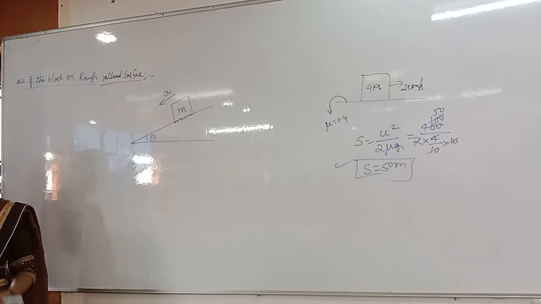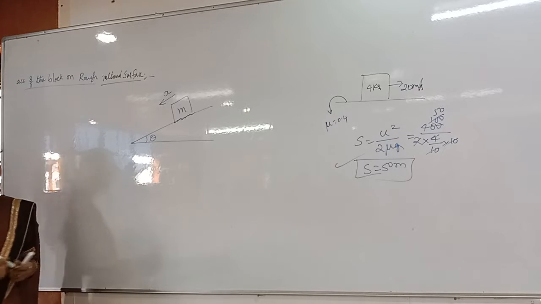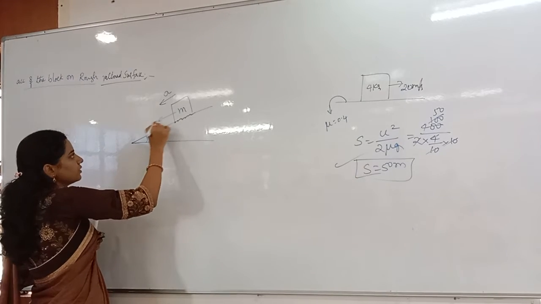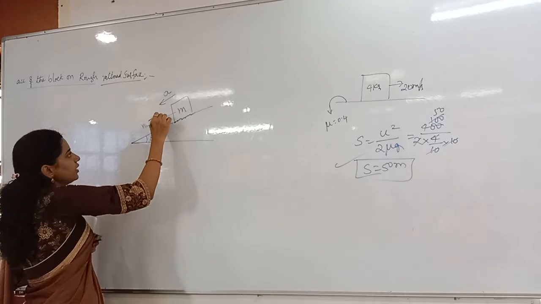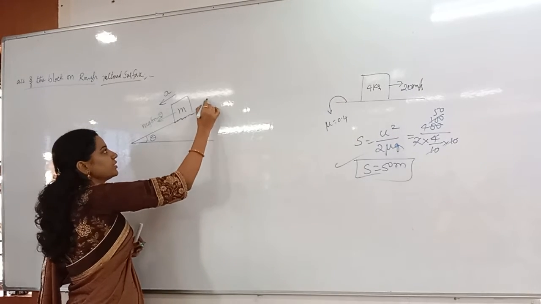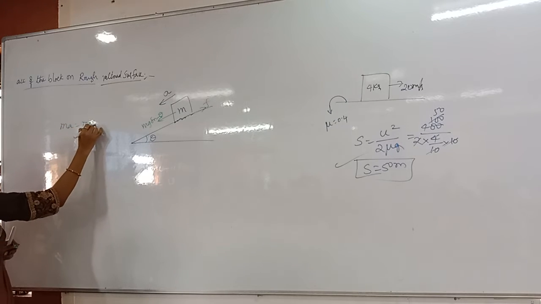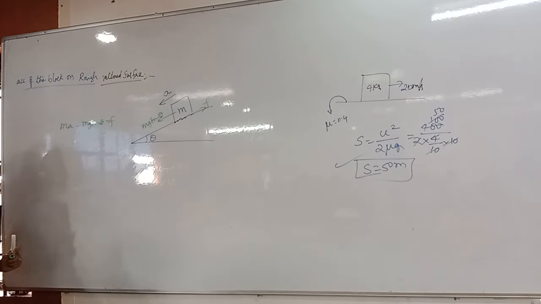How to get that? What forces are acting on it? mg sin theta is acting in the downward direction, very good. And friction is acting in the opposite direction. So clearly I can write ma equals mg sin theta minus friction.